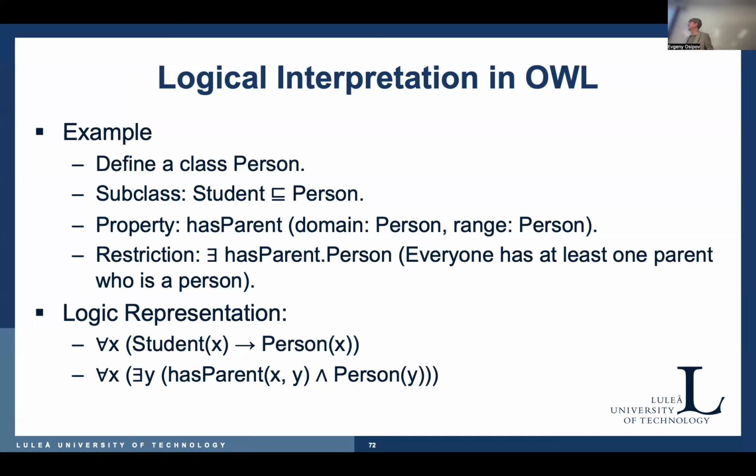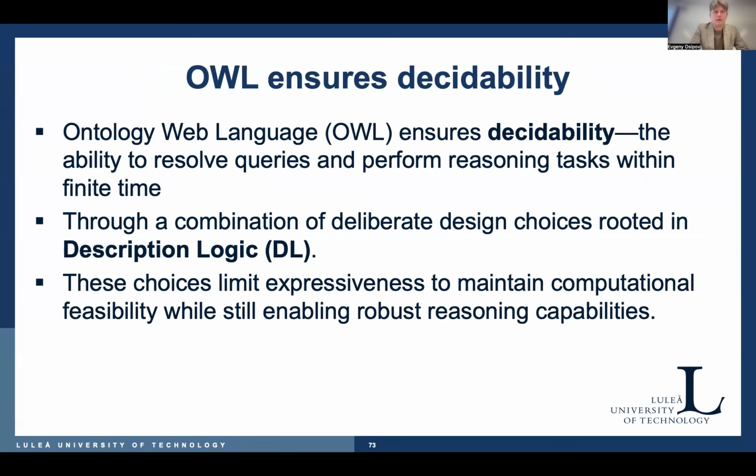If you can represent it in this way, then you can also transform it into conjunctive normal form, define a SAT problem on it, and do the inference the way we looked at it before.